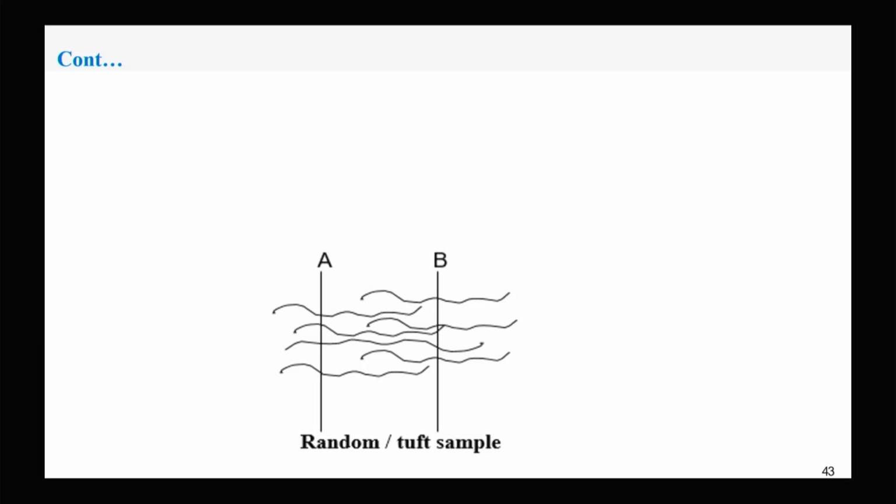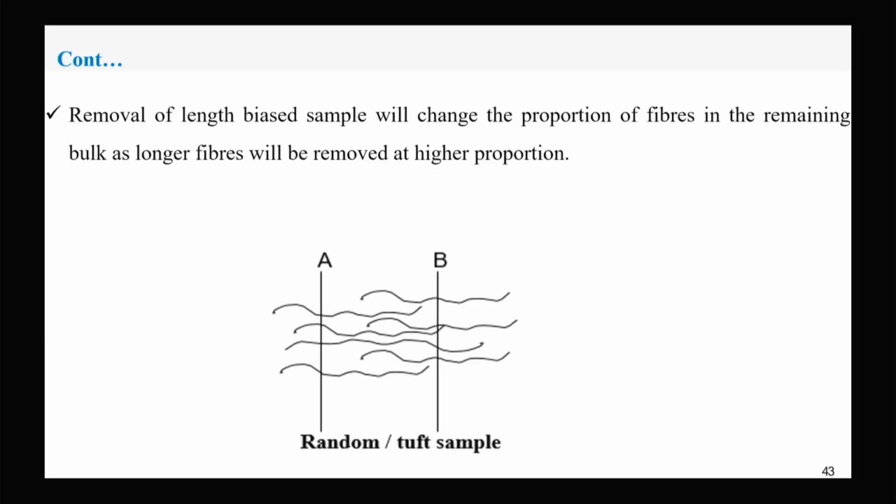So the random tuft is here, and this AB is basically, you can see that A, B different zone. If we pick the A or B, whatever fibers are crossing that point, that fiber will be selected.